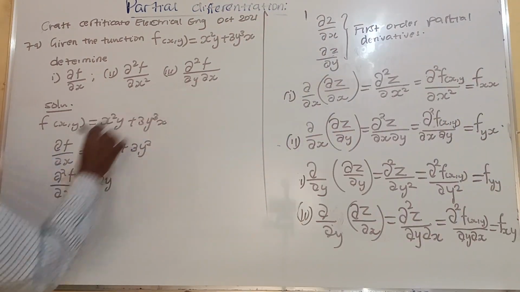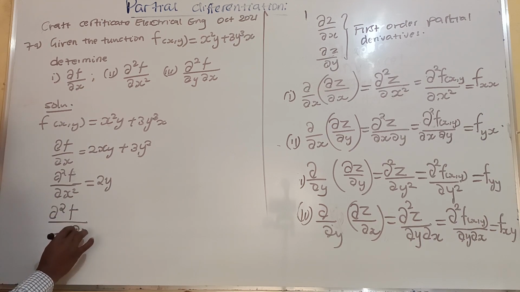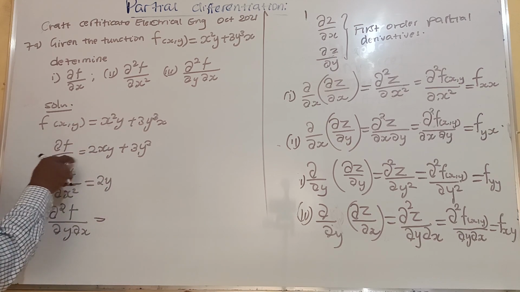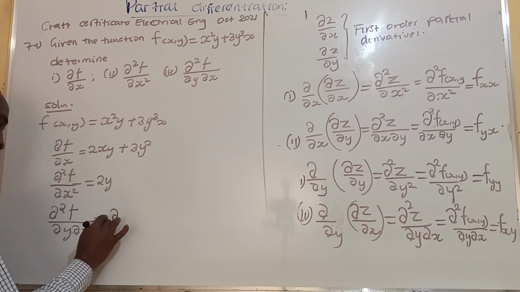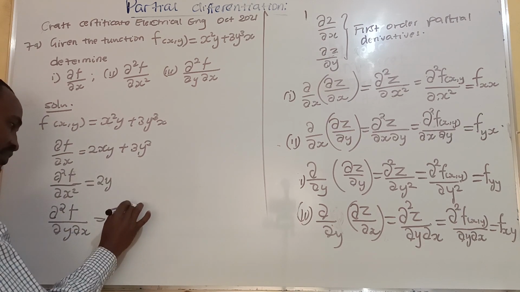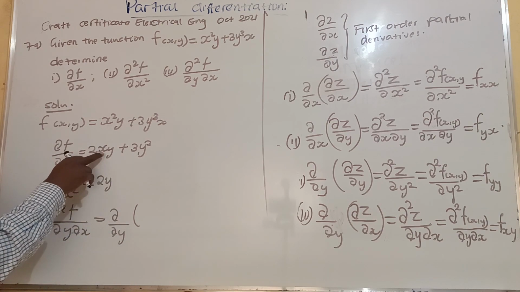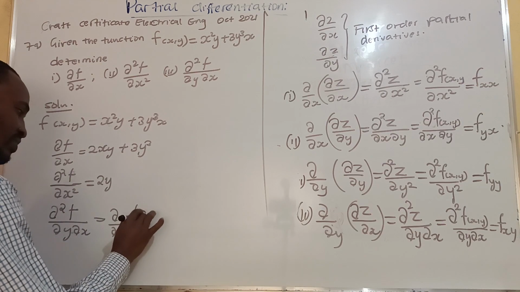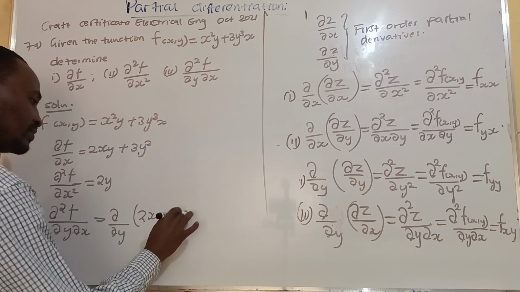To get this one, the second order partial derivative of the function, first with respect to x, and then with respect to y, we are going to take whatever you differentiated with respect to x. This time round you differentiate with respect to y. So what are you differentiating with respect to y? Whatever you differentiated with respect to x: 2xy plus 3y cubed.